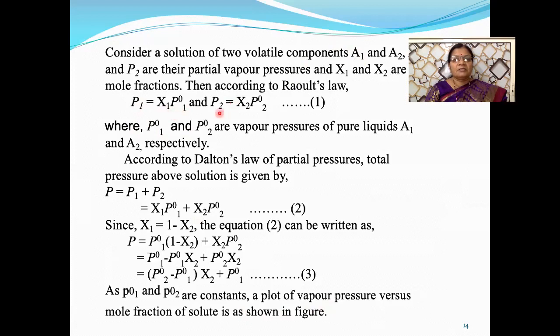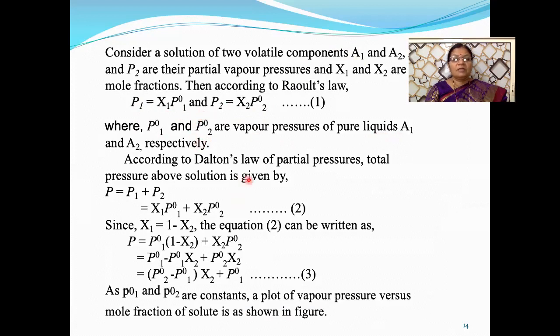Again, for the second volatile component A2, partial vapor pressure P2 is equal to X2 into P02, where P01 and P02 are the vapor pressures of pure liquids A1 and A2 respectively. So that is according to Raoult's law.